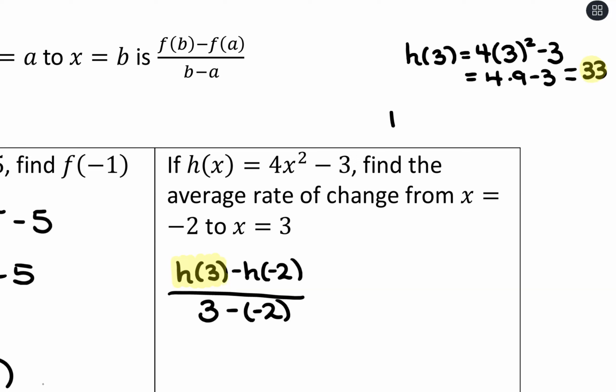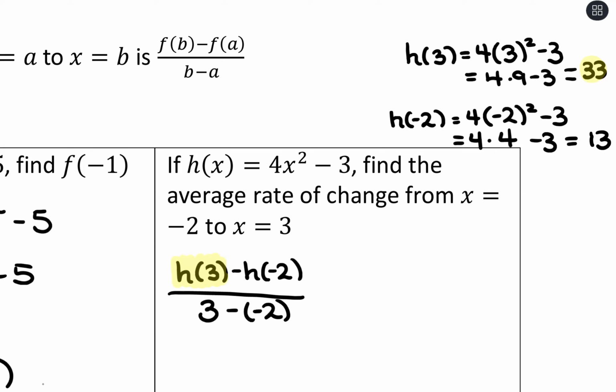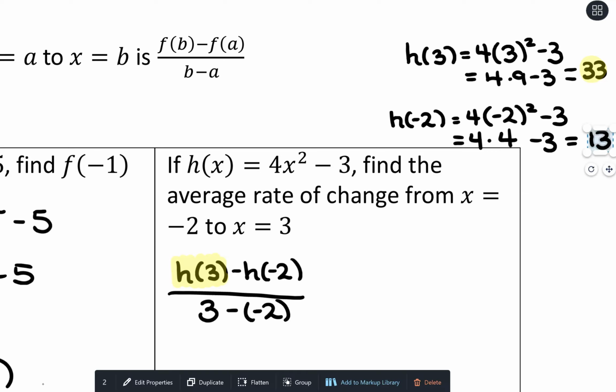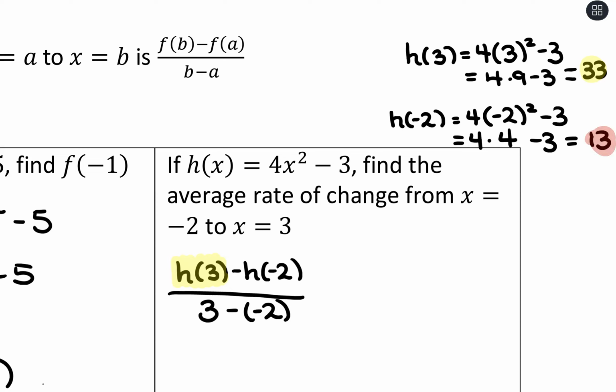Then for h of negative 2, we're going to go 4 times negative 2 squared minus 3, which is a 4 times positive 4. So a 16 minus 3, which is 13. And what we could do is take that 13 and plug it in where we had h of negative 2.